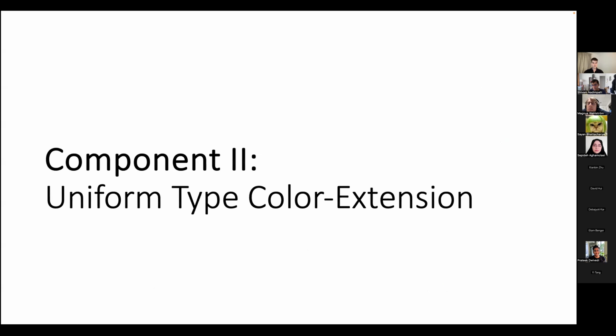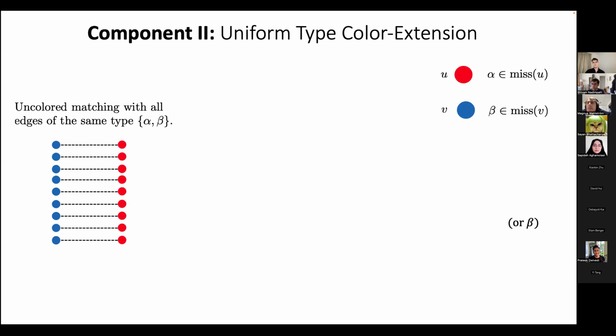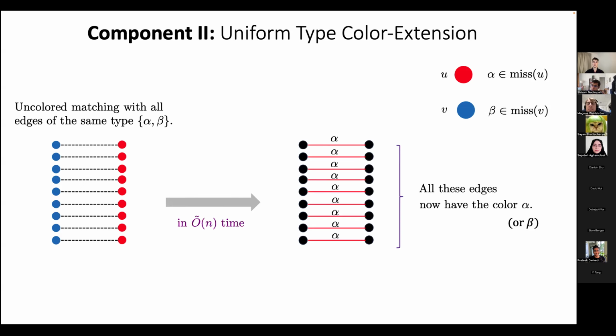Okay, so now onto the second component, which is quite a bit simpler. Once we've done this pre-processing, we've made a 1 over delta proportion of these edges be missing these colors alpha and beta, we now want to extend the coloring to all of these edges.